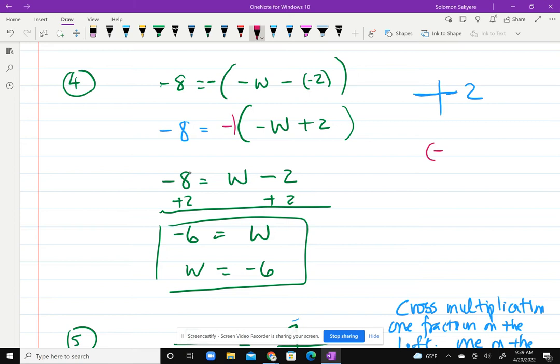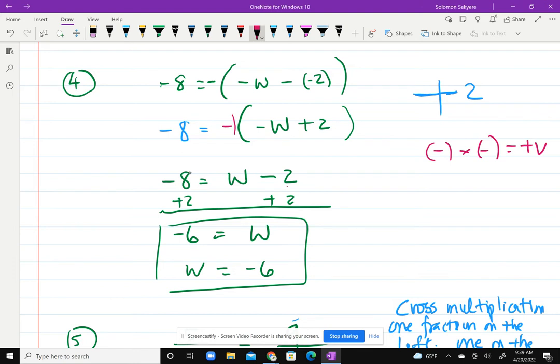See, negative times a negative equals positive. So it's negative 1 times negative w becomes positive w. And then negative 1 times positive 2 becomes negative 2. Okay, now parentheses gone. So we have negative 8 equals w minus 2.